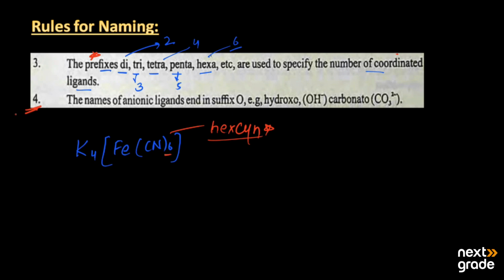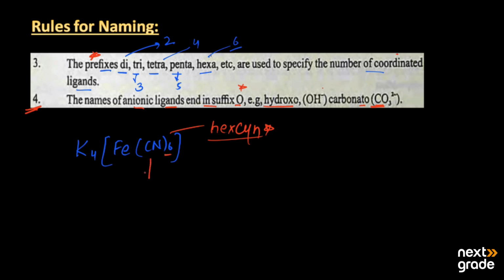The fourth rule is that the names of anionic ligands end in the suffix O. If the hydroxyl group is attached, we end its name with hydroxo. If we have carbonate, its name ends with carbonato. It ends with the suffix O. A lot of groups are attached like this.